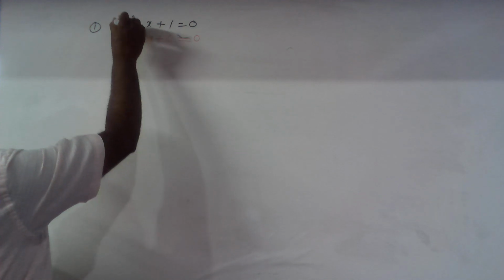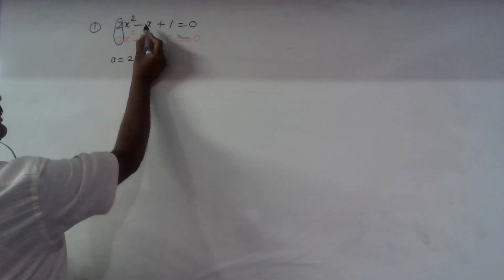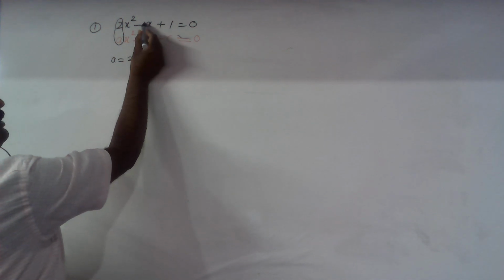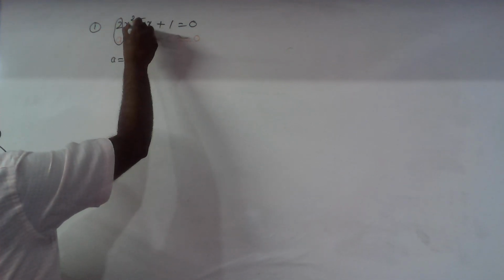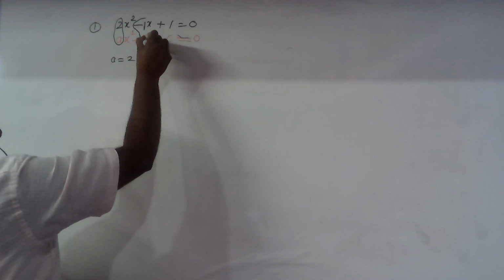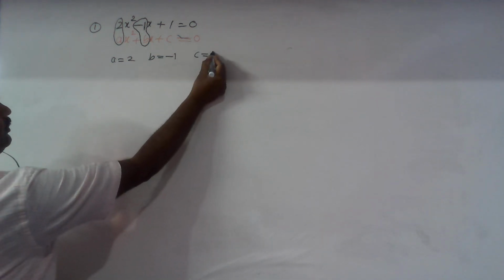So when you compare this, what is the value of a? The value of a is 2. And for the value of b, here the coefficient of x is nothing, which means it should be taken as 1. Along with the sign, the value of b is minus 1. Then what is the value of c? The value of c is equal to 1.